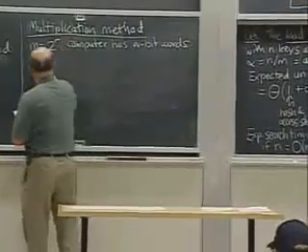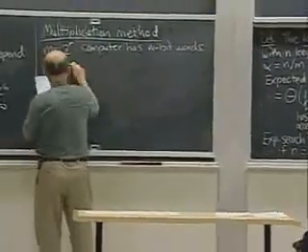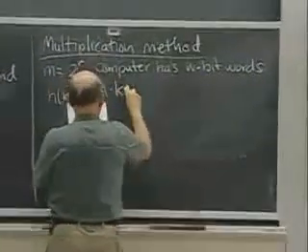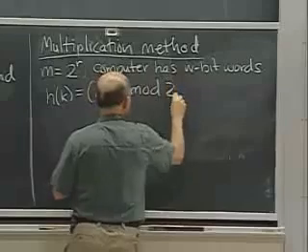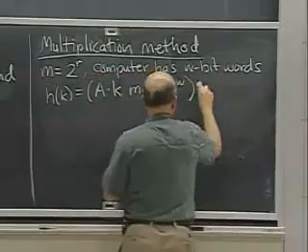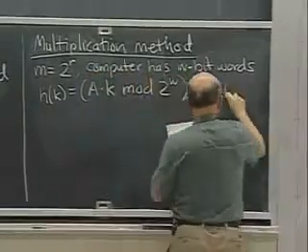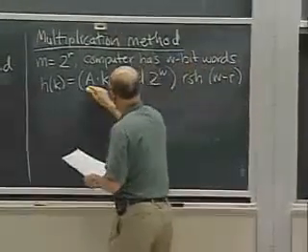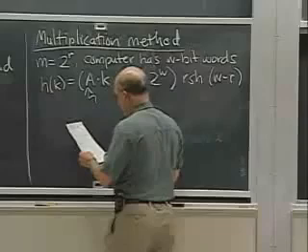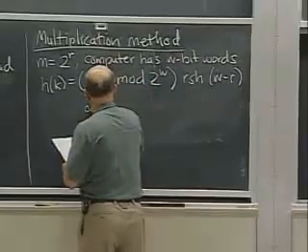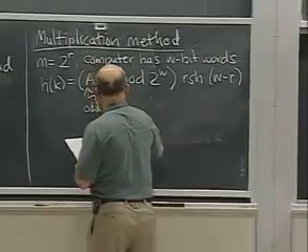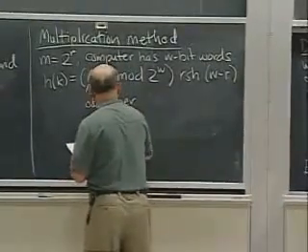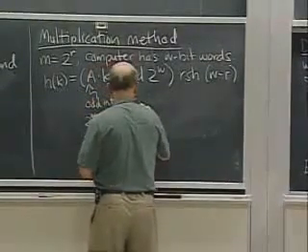So the hash function is the following. h of k is equal to a times k mod 2 to the w, right shifted by w minus r. So the key part of this is a, which is chosen to be an odd integer in the range between 2 to the w minus 1 and 2 to the w.